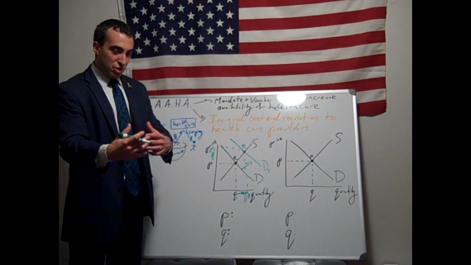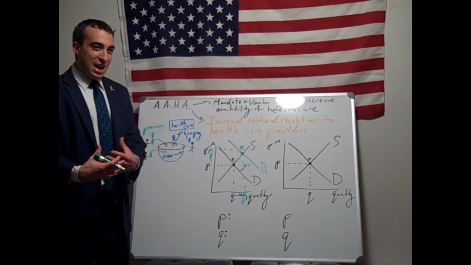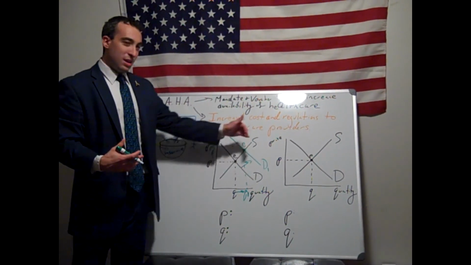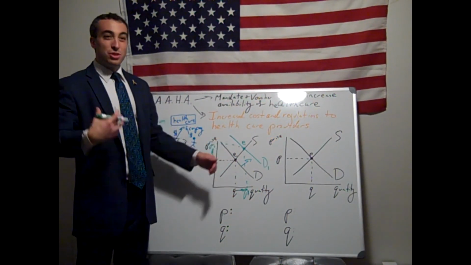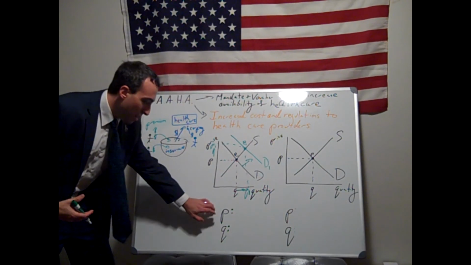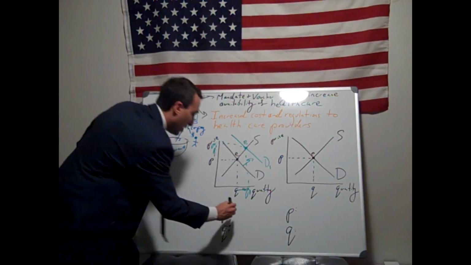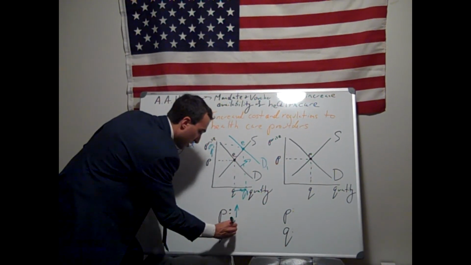So the healthcare insurance industry is now providing more healthcare to people, as we are now more willing and able to get healthcare insurance. So for our P and Q, we see that P increases and Q also increases.